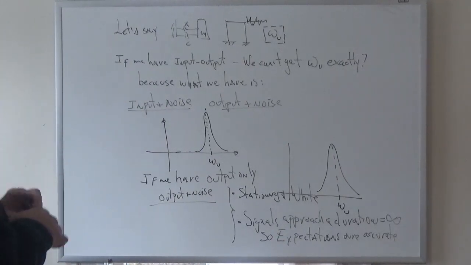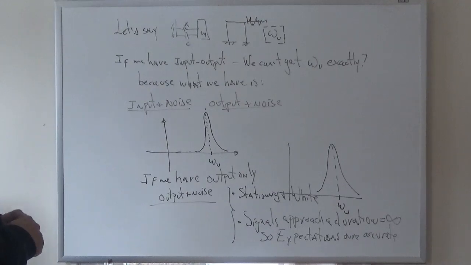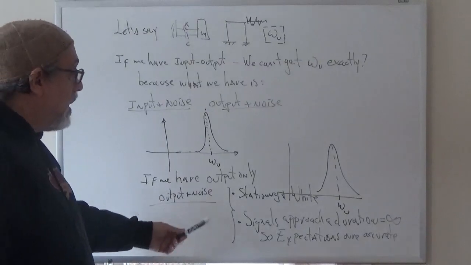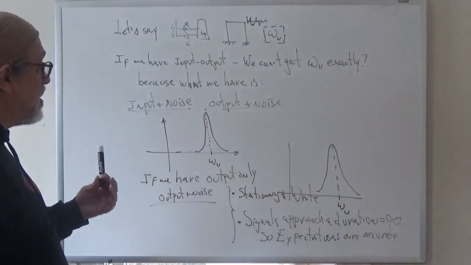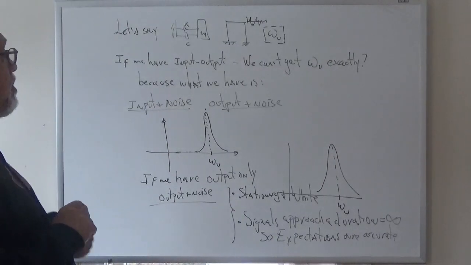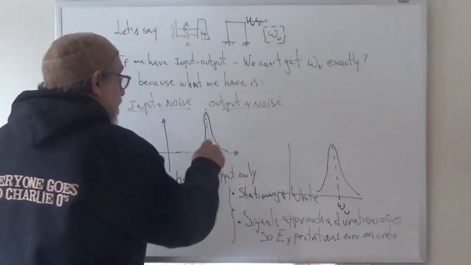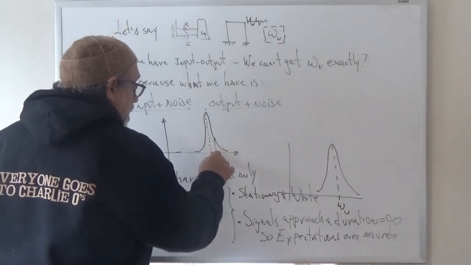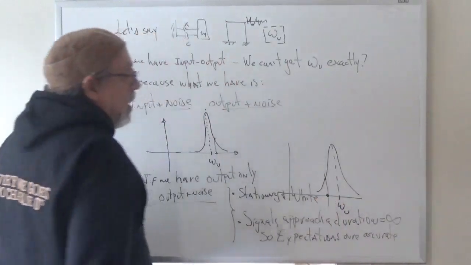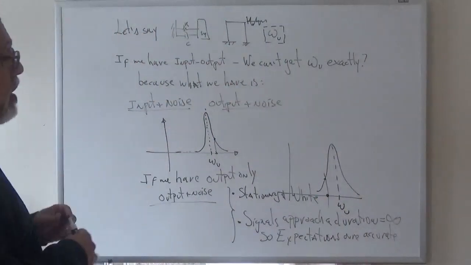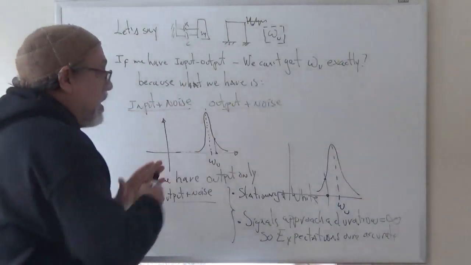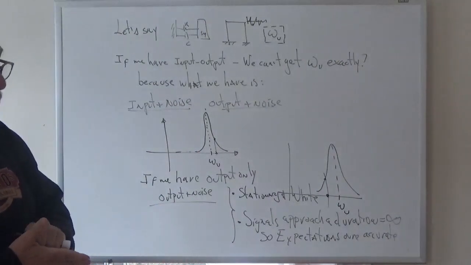Therefore, we will accept the fact that whether we have input and output or output only, when we do a test and perform system identification, here in the simplest case of a single degree of freedom system, we will obtain some value from a distribution that depends on the noise, on the realization of the moment.